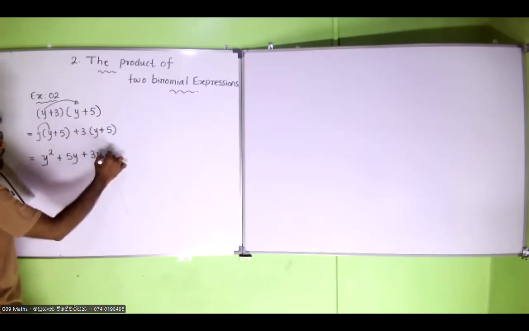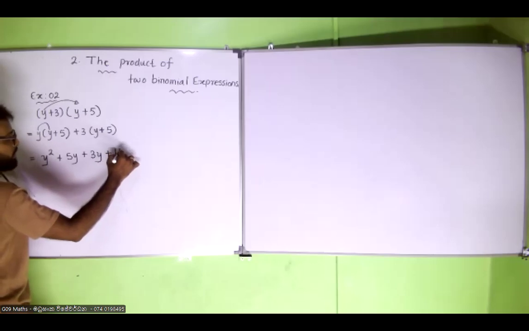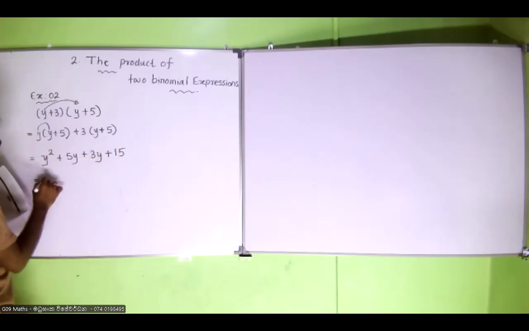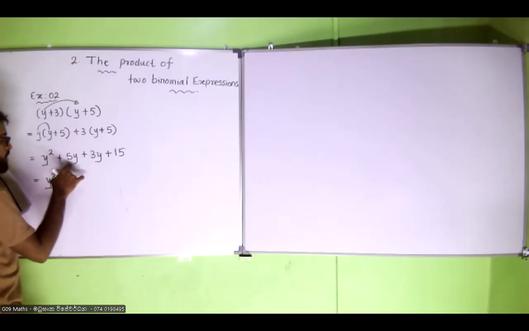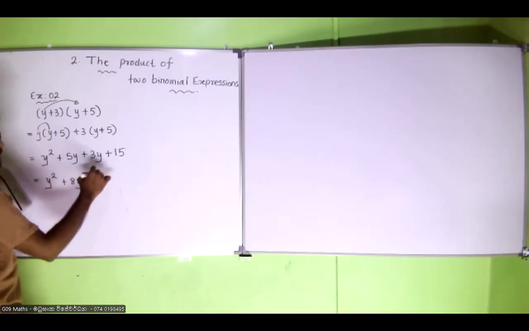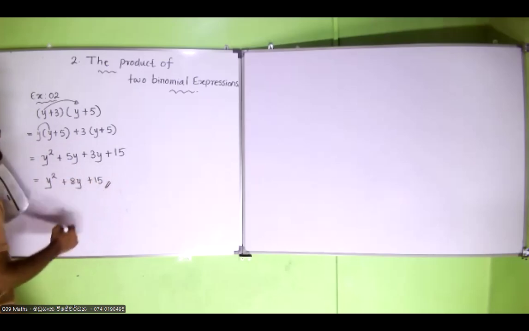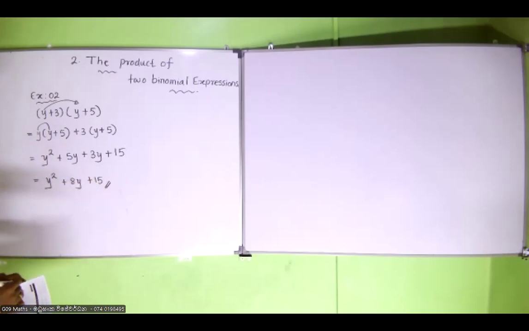Positive into positive, positive. 3 times 5, 15. Equal mark. Y squared, make like terms. 5y plus 3y, same sign, 8y plus 15. Done. That is example number 2.